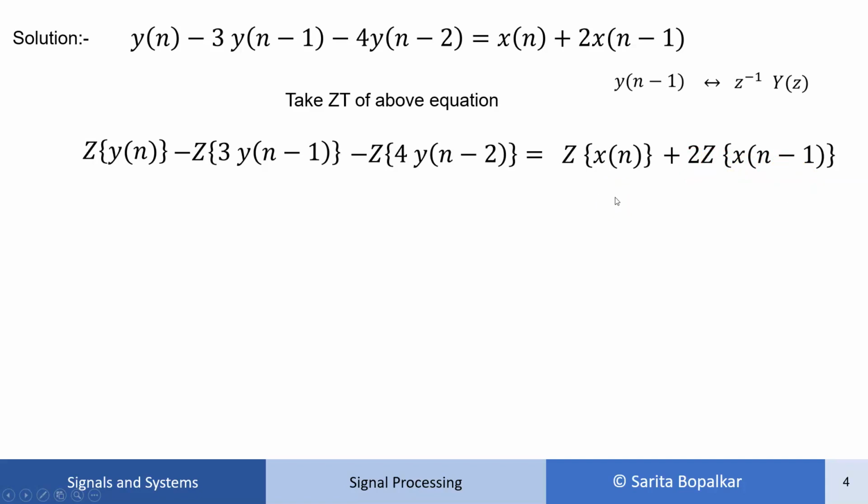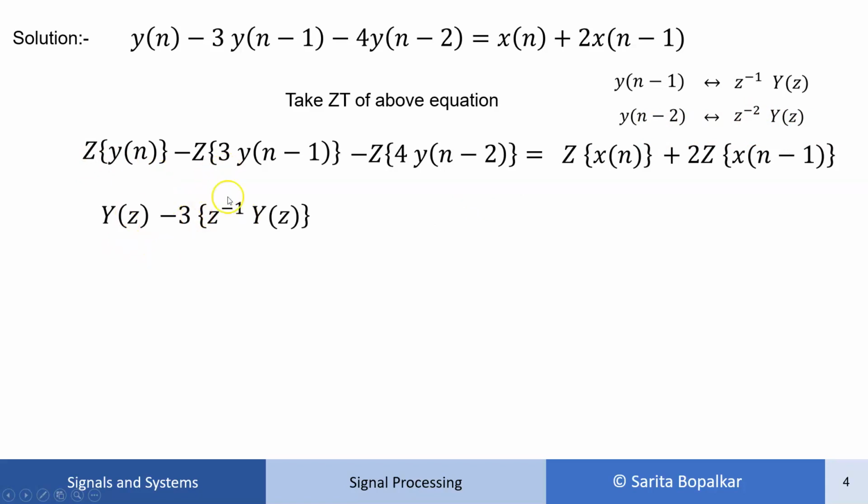While applying the Z transform, remember the time shifting property: y of n minus 1 is Z raised to minus 1 Y of z, and y of n minus 2 is Z raised to minus 2 Y of z. Like this we can continue. Applying the Z transform: y of n gives Y of z.